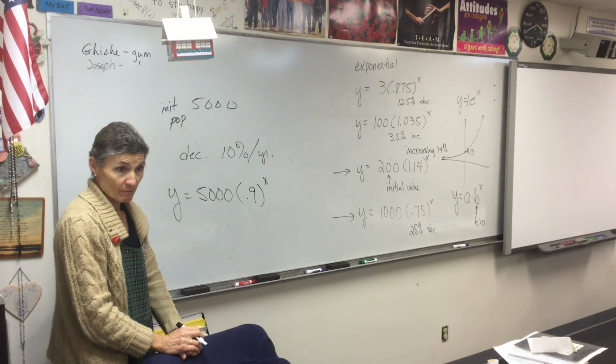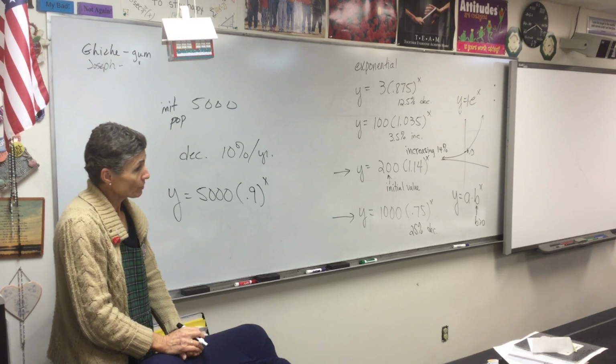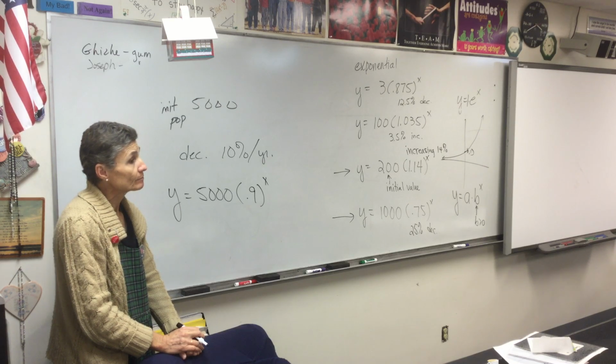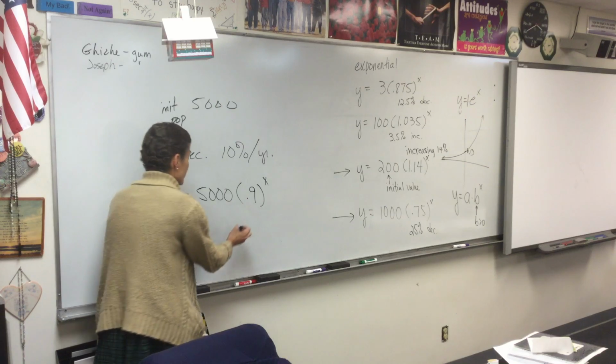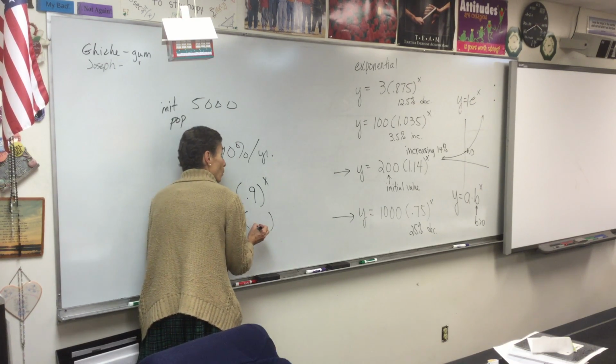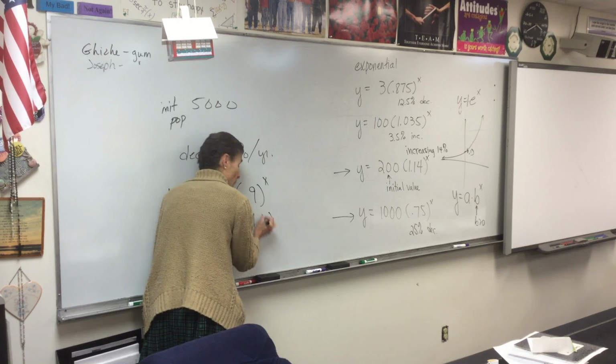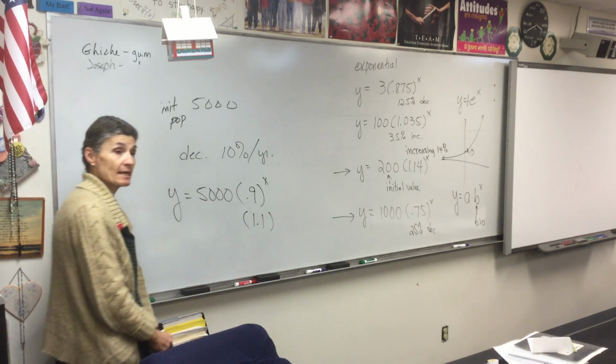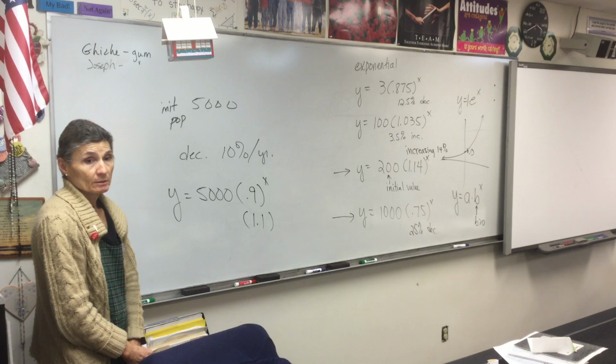Does that make sense to everybody? What if it were increasing 10%? I would do exactly the same thing, but this would not be a 0.9, it would be a 1.1 if I were increasing 10%. We in agreement?